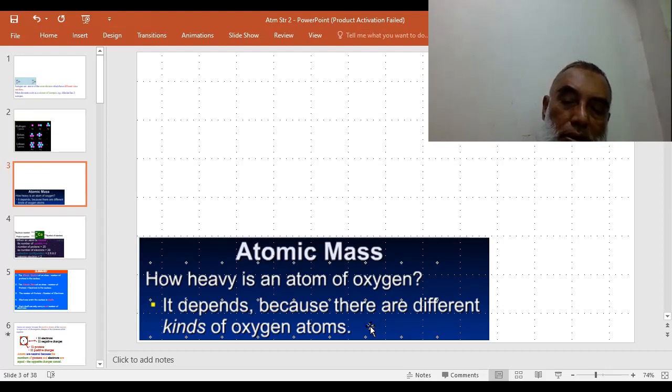This is not abundant in nature, only C12 is abundant in nature. The actual atomic mass is taken from the average of the masses of isotopes obtained in nature.